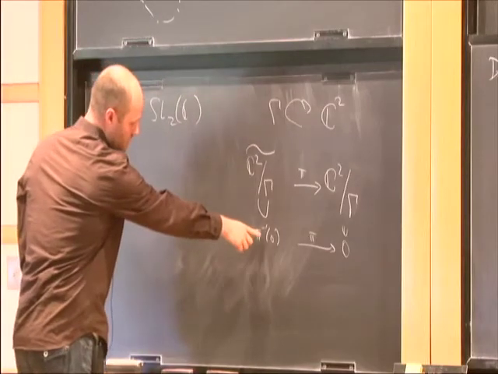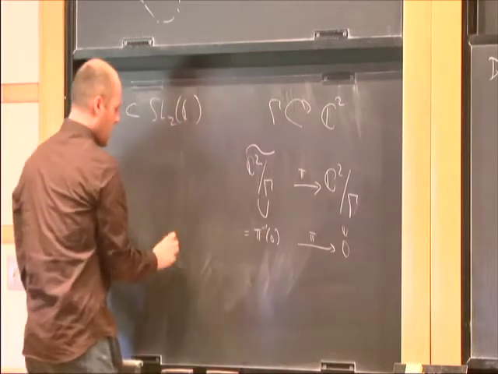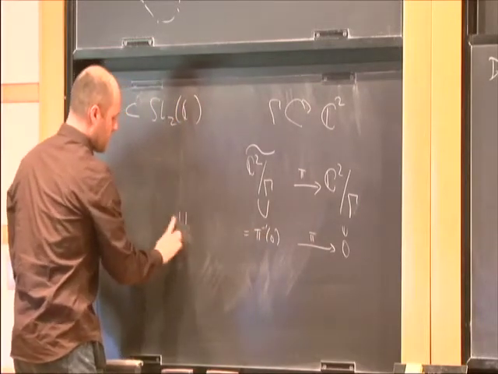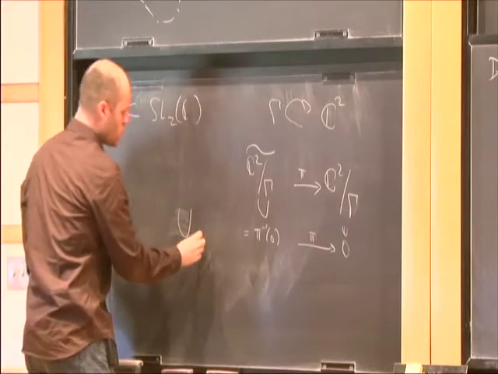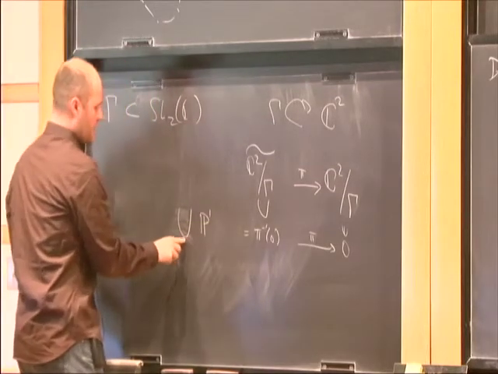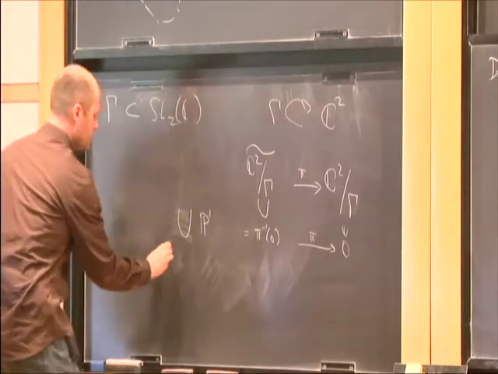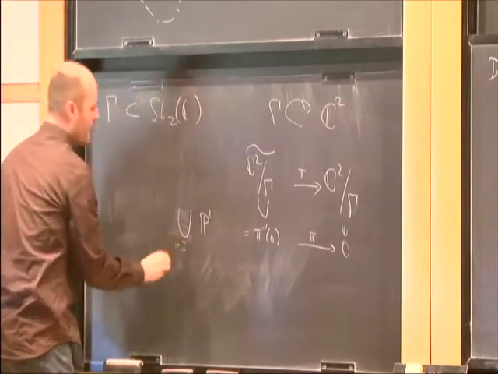The preimage of the singular point under this resolution is a union of spheres, a union of CP1s. And there's one for each vertex in the finite Dynkin diagram.